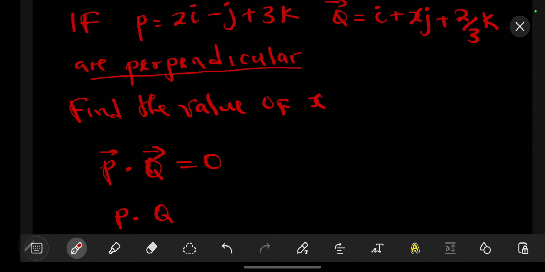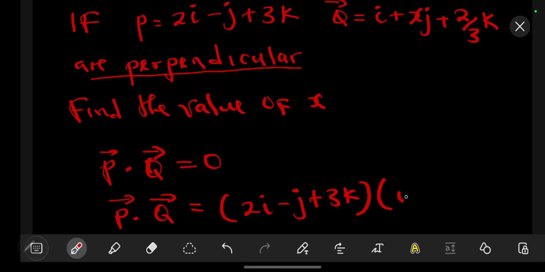P is 2i minus j plus 3k. Then another bracket, Q is i plus xj plus 2 over 3 k.